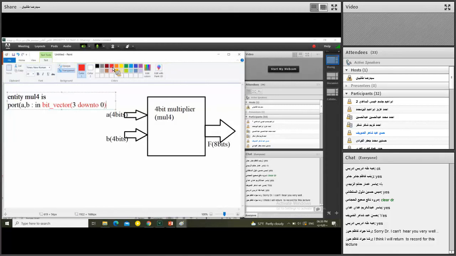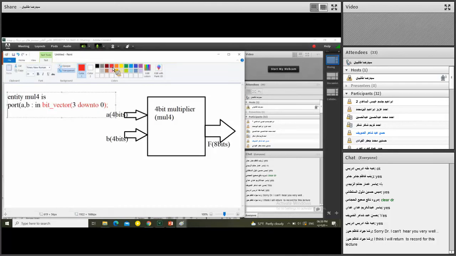A and B are inputs, and they are multi-bit numbers. Multi-bit numbers can be described in VHDL by bit vector, and we must define the dimension of the bit vector from 3 down to 0. If we consider 0, 1, 2, 3, we have 4-bit numbers.